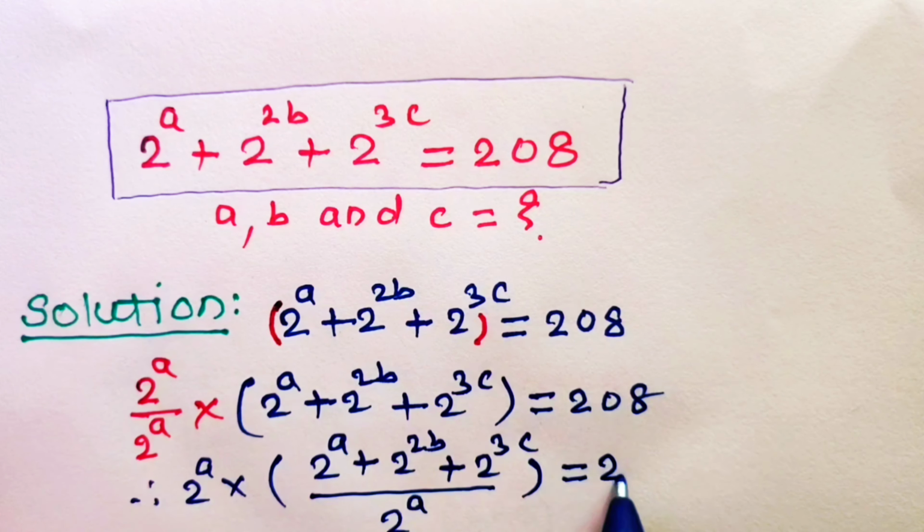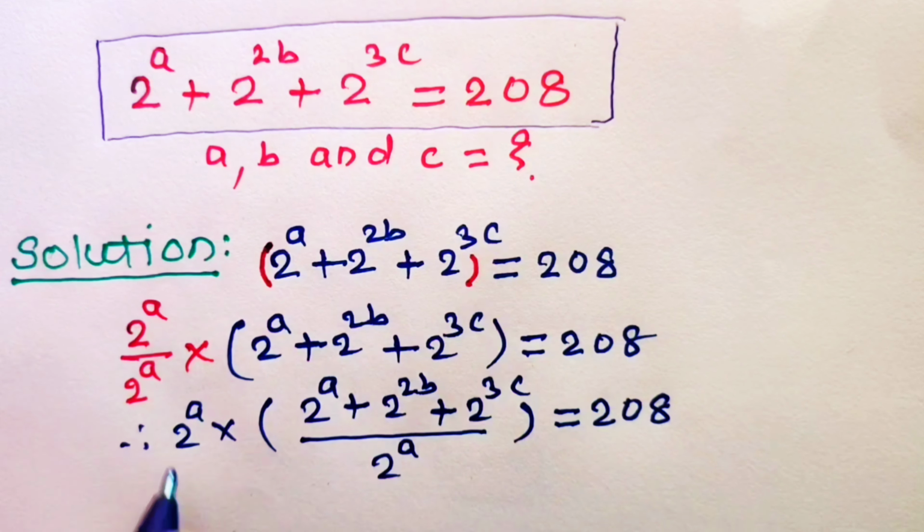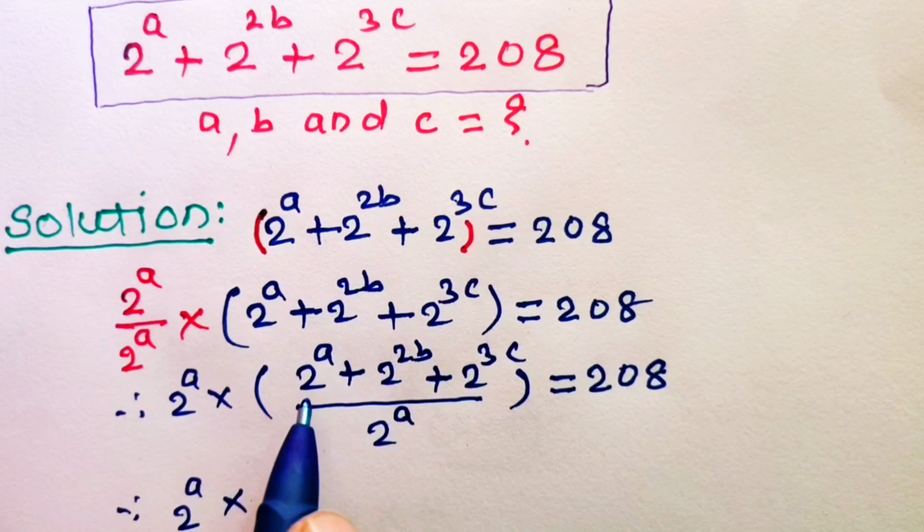This is equal to 208. Now simplify the left hand side, keeping this 2 to the power a as it is. Divide each term by 2 to the power a.